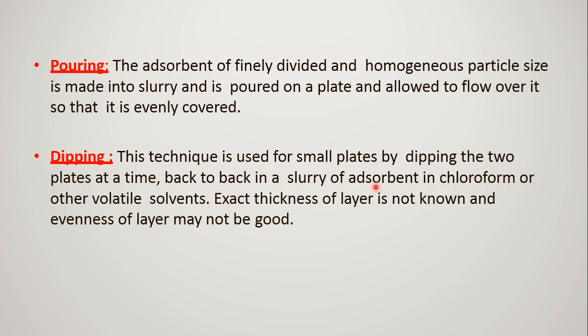Generally this slurry, as I said, is made in an organic solvent which should be volatile in nature. A solvent in which we make this slurry should be volatile in nature. So we know that chloroform is very volatile, or other volatile solvents depending on the nature.